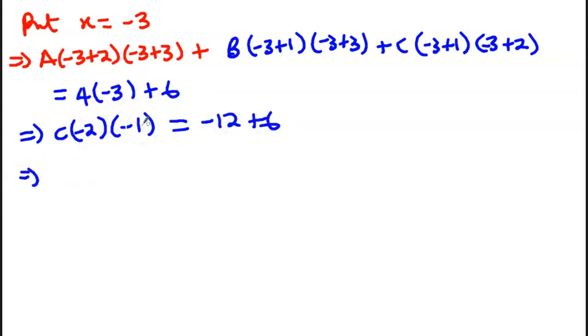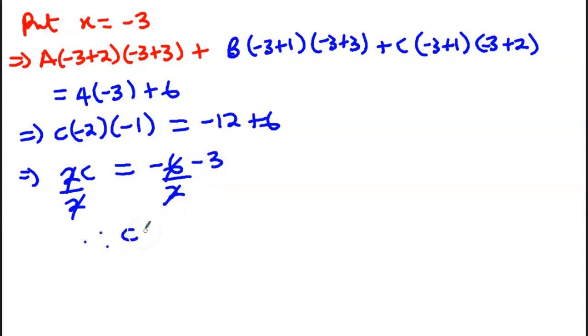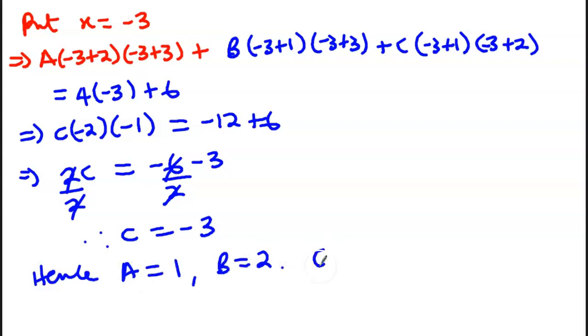So we have minus times minus, so 2c is equal to minus 6. Divide both sides by 2. So 2 will go into minus 6 minus 3. So therefore c is minus 3. Hence our a is equal to 1, b is equal to 2, and then c is equal to minus 3.